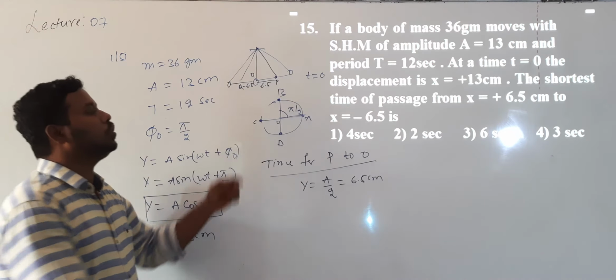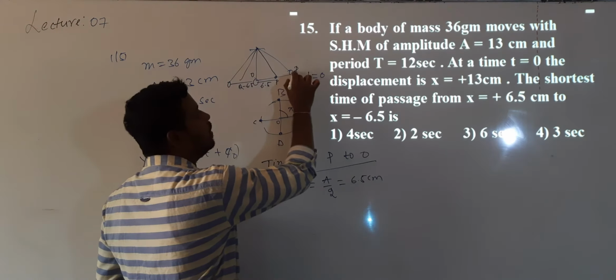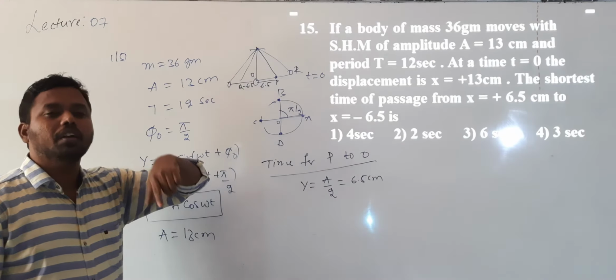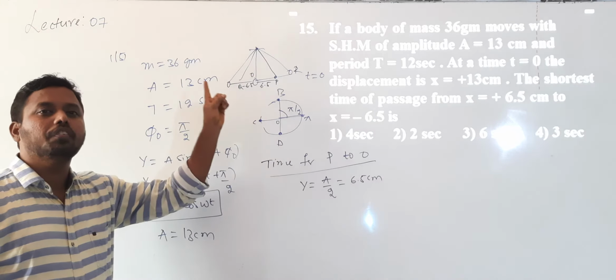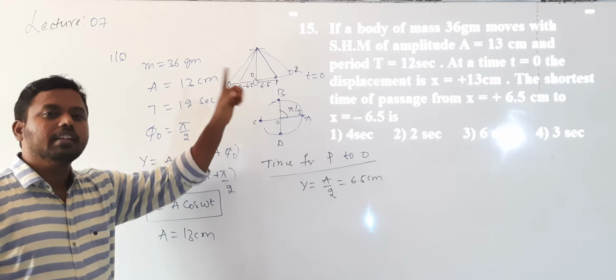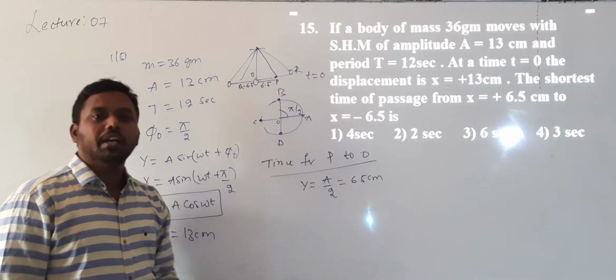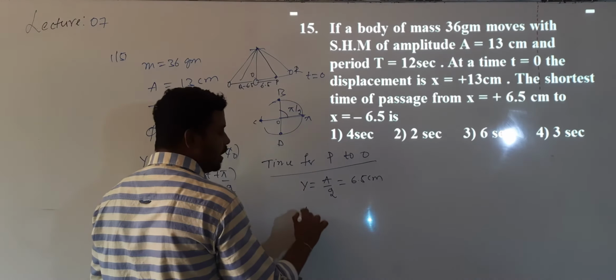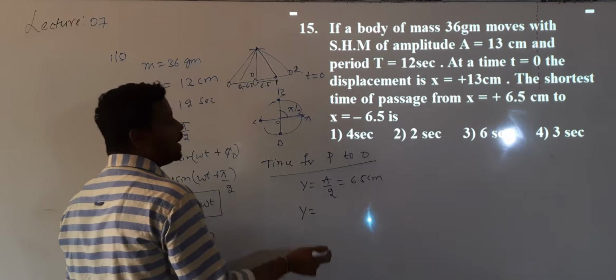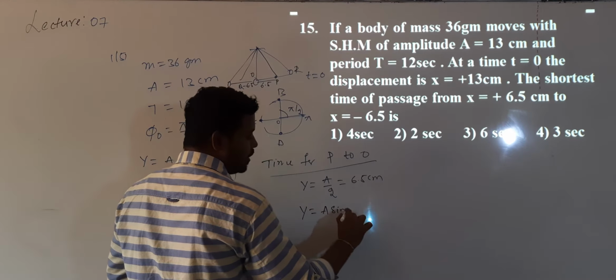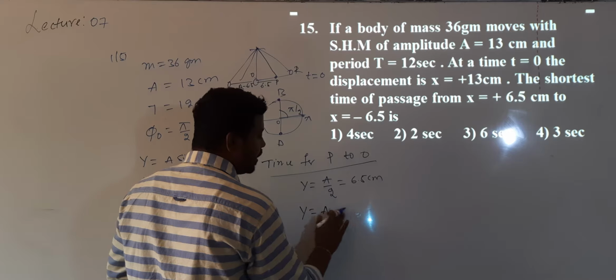The total distance from O to, let me call it R, is 13. So O to P is 6.5. P is the midpoint of O and R. That's why OP is exactly equal to y equal to a by 2, which is 6.5. We know how to calculate the time taken to go from P to O. What is the general equation? y is equal to a cos omega t, cos here, not sin.